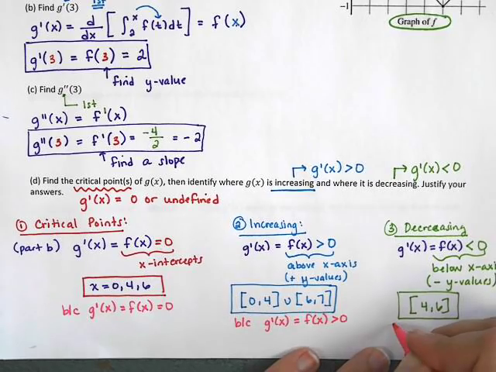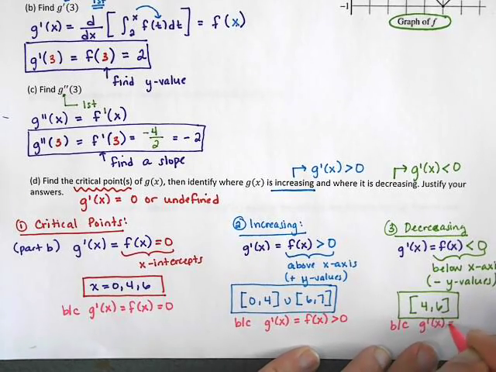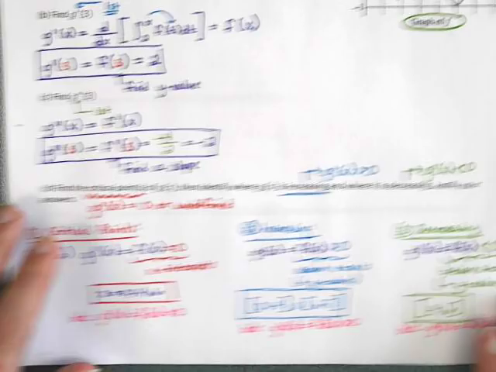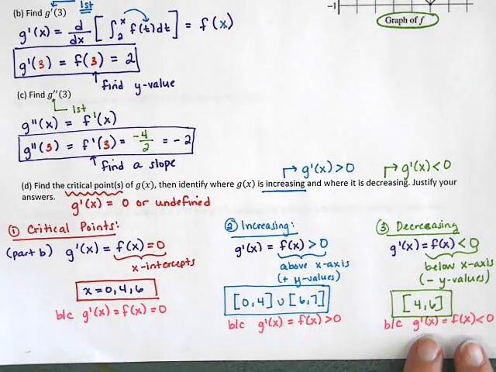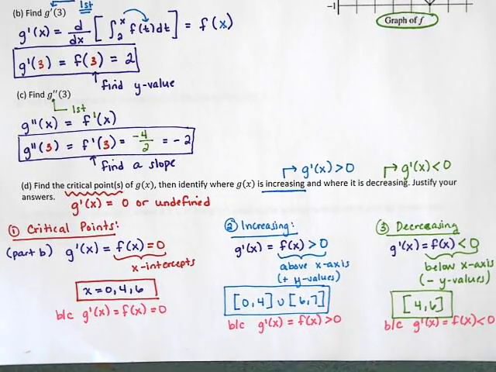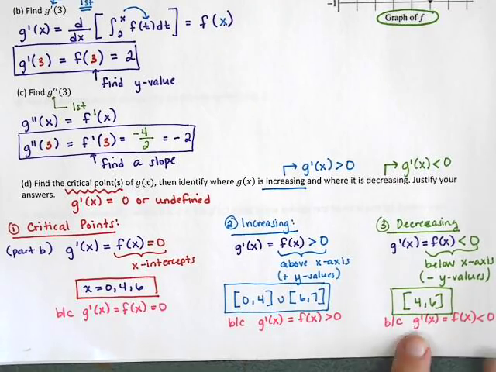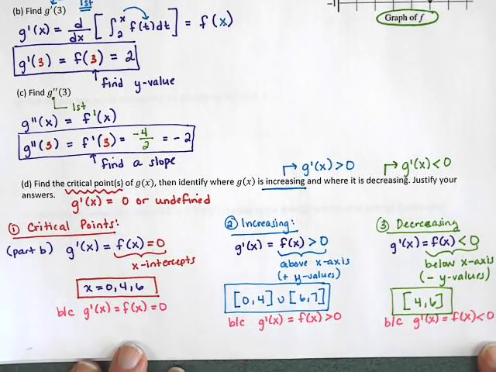And for decreasing, you would say because g prime of x, which is equal to f of x, is less than 0. You always want to show in your reasoning how you're relating g and f. Because we can't just say f of x is above or anything like that, because we're trying to talk about g, and what we have is f. So we have to show that relationship in our reasoning.